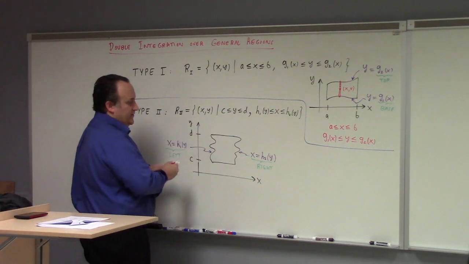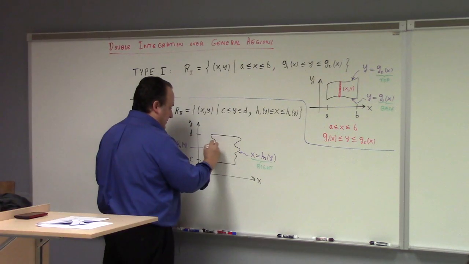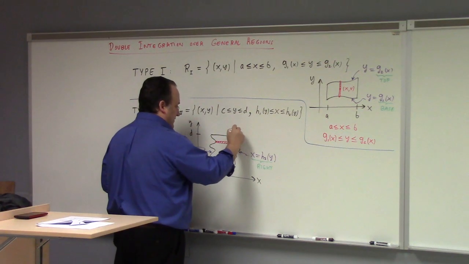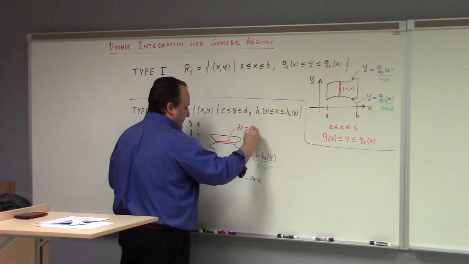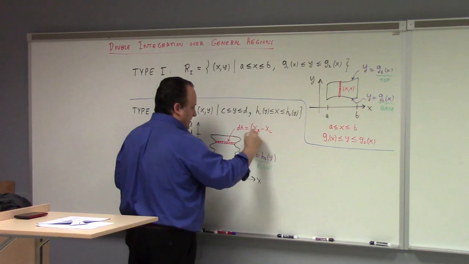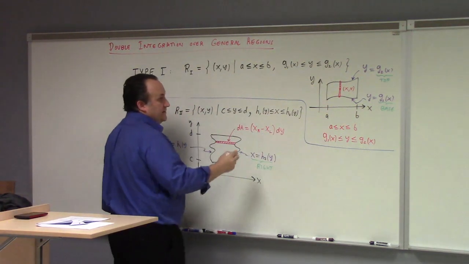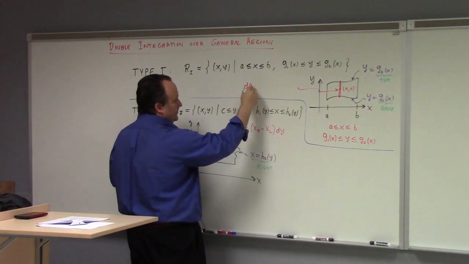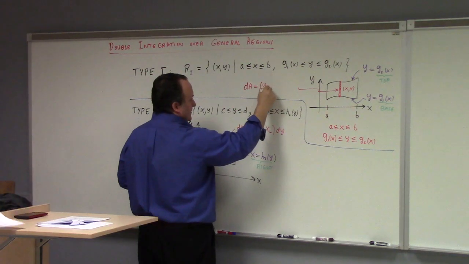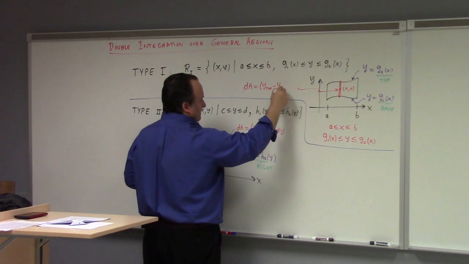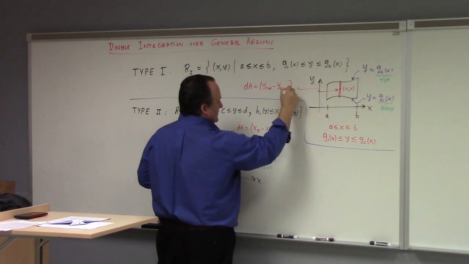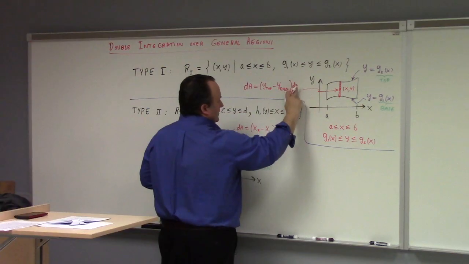If I draw the typical approximating rectangle here, it looks more like this. The little bit of area there would be the right x minus the left x times dy. Whereas up here, the infinitesimal area of that strip would be the top y minus the bottom y, the base, times dx. That would be the situation.